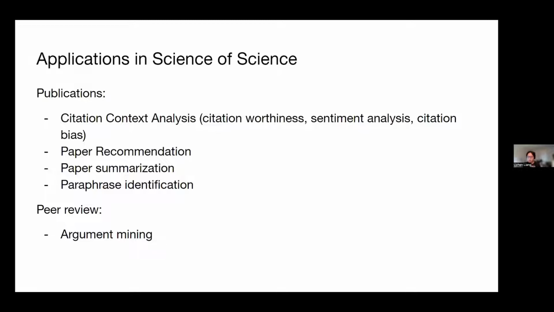So in the realm of science, there are many applications of NLP. The first I heard from either the first day or the second day, a lot of people are interested in citation context analysis.